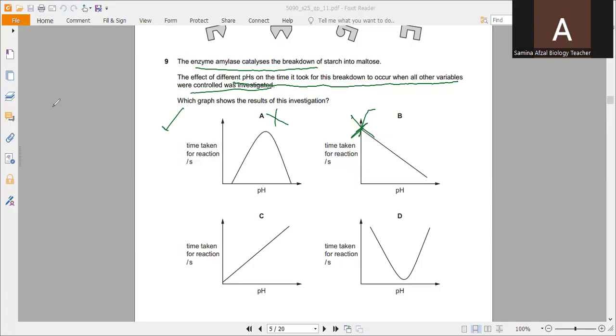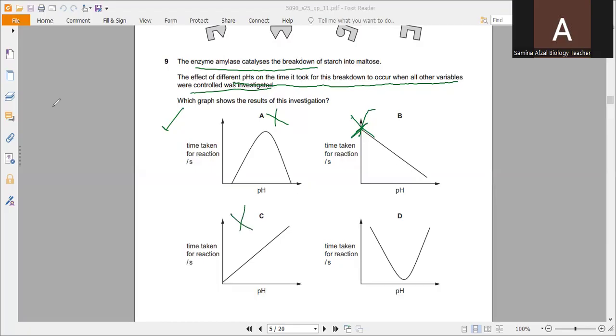Then we will move towards the C. As pH is increasing, the time is also increasing. So the enzyme works best at very low, acidic pH, and gets worse as pH rises. So again, this is not the correct option.